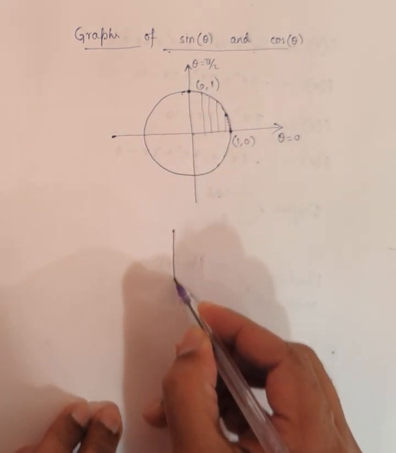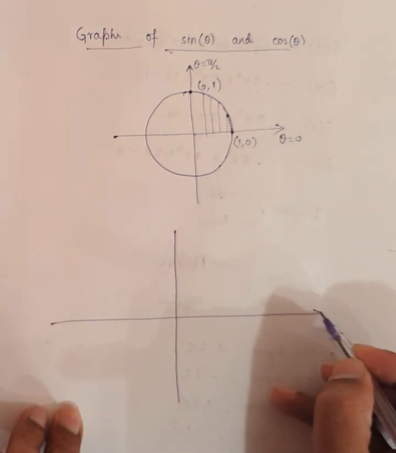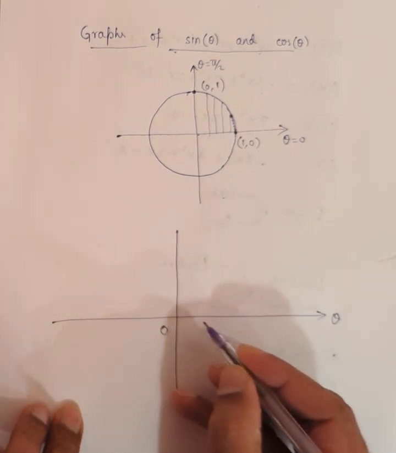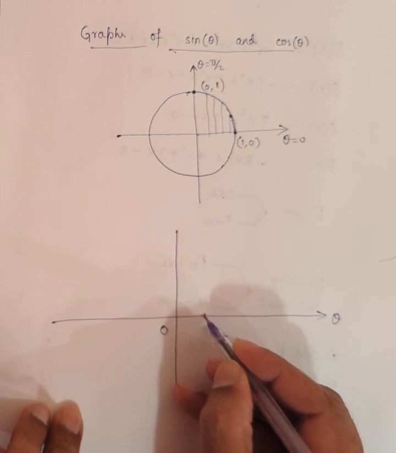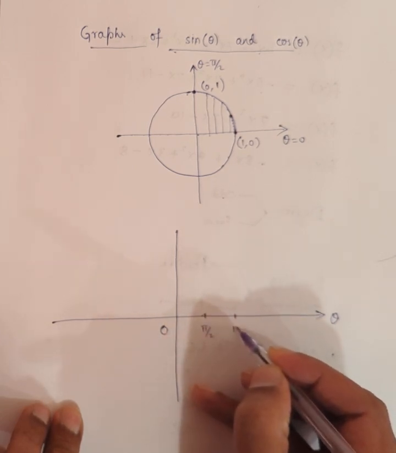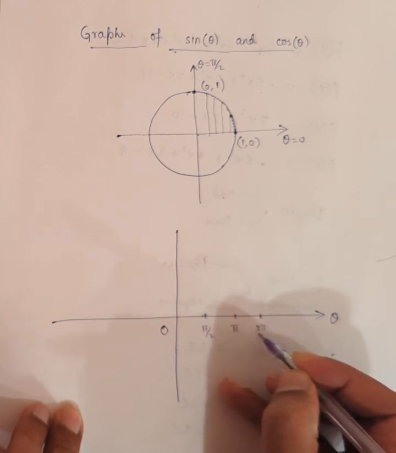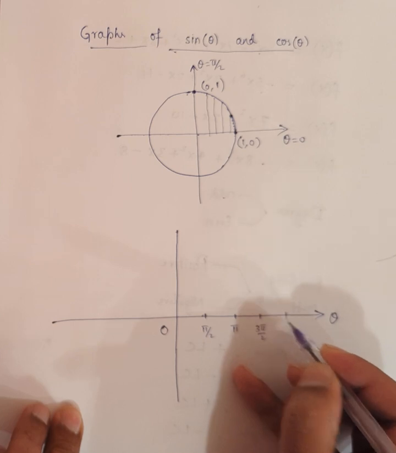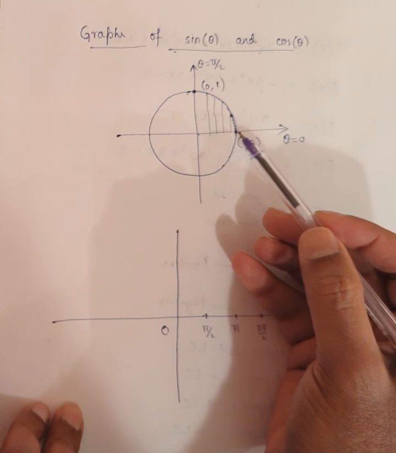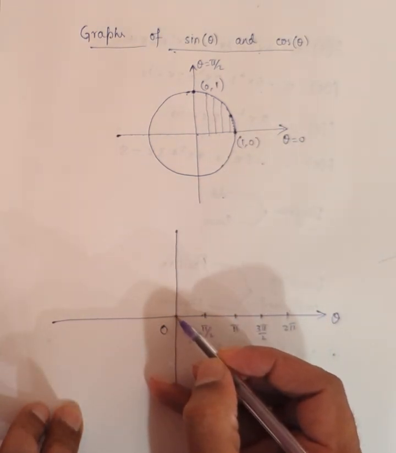So let's plot the graph on the theta axis, and this time we want to split into pi over 2 and then pi, and let's go in multiples of pi over 2. So 3 pi over 2 and 2 pi. Notice that as theta goes from 0, sine 0 is 0.